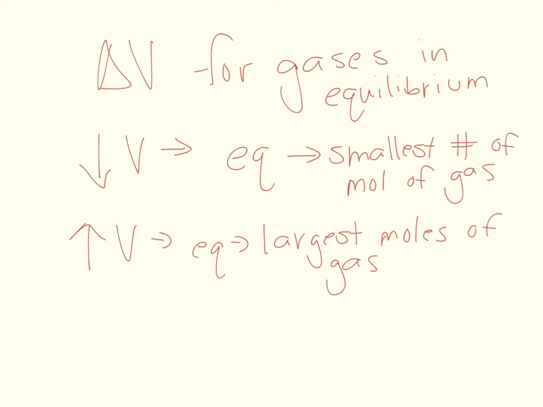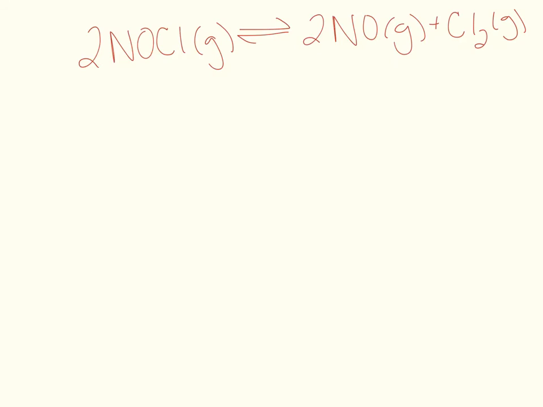Okay, so let me give you an example. So let's take this example where we have nitrosyl chloride in equilibrium with nitric oxide and chlorine gas. So if I increase the volume of this particular system, notice here that I have 2 moles of gas on the reactant side and 3 moles of gas on the product side.